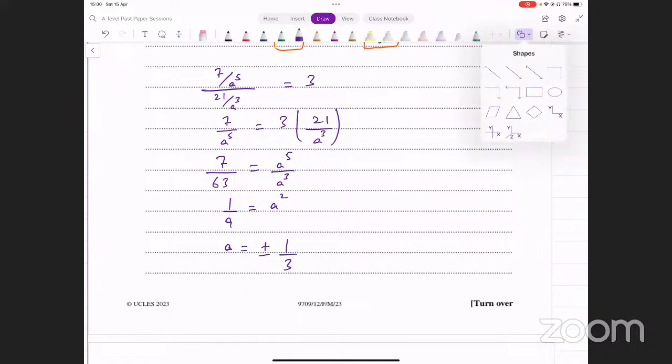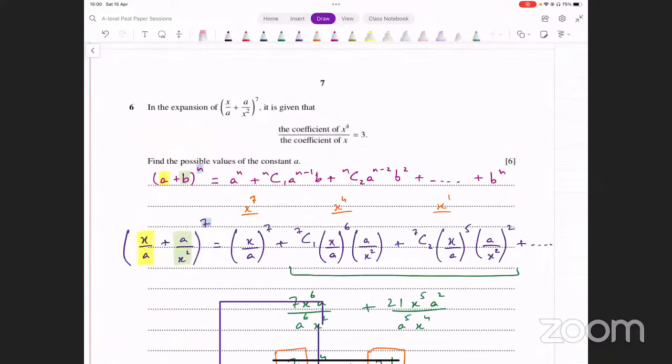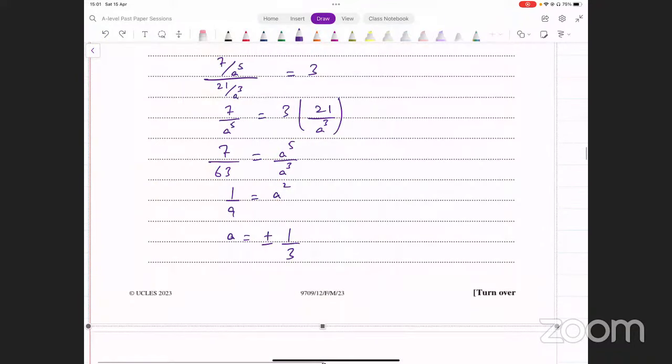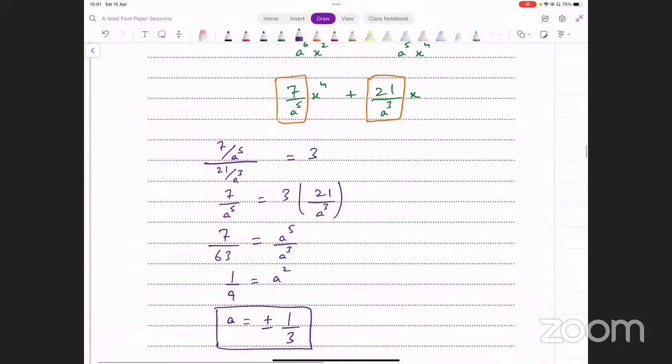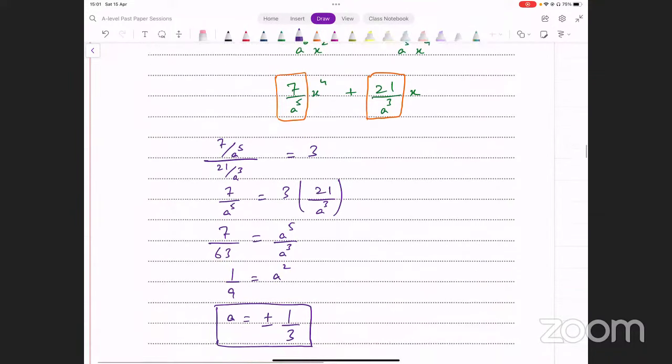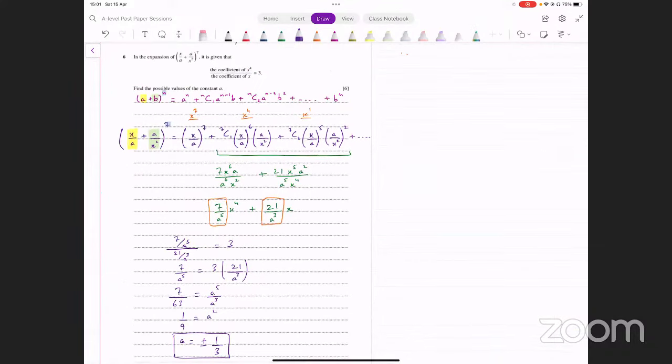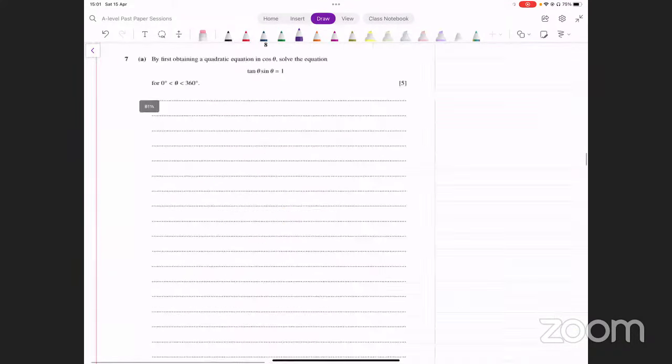And these were the two values of a that we were looking for here. a equals plus minus 1 over 3. ये हमारे पास दो वैल्यूज आ गए. ठीक है, that was the question on binomial. Question number 6 from this paper. Let's move on. Question number 7.